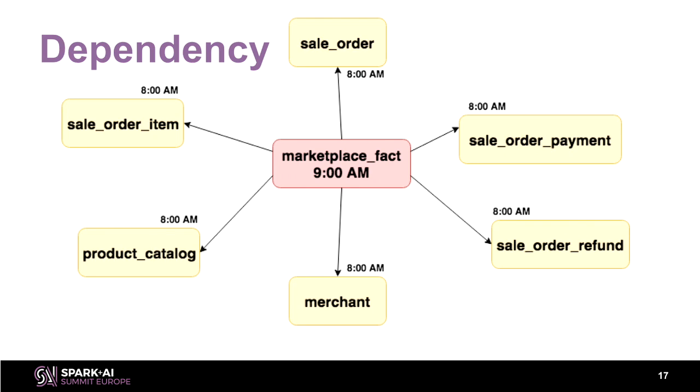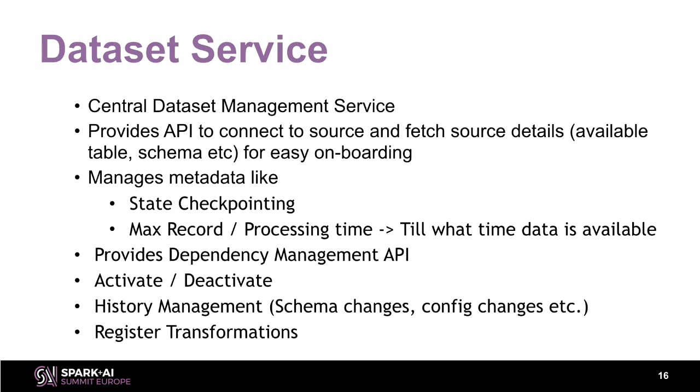To get that surety that data for dependent tables is available, it needs to fetch this from some metadata service, and that's what the dataset service provides. It captures that metadata for these tables, and then you can add dependencies and query whether your dependencies are met or not. It can just return true or false. In that way, it also captures lineage, that this dataset is derived from these different datasets, and it captures the frequency at which they are scheduled.